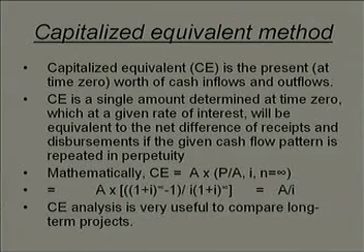Mathematically, capitalized equivalent is equal to A multiplied by P given A. Remember, we are interested in finding P, the present worth. I know A. Now, A here is for an infinite period at an interest rate of I, and you notice n is equal to infinity here.